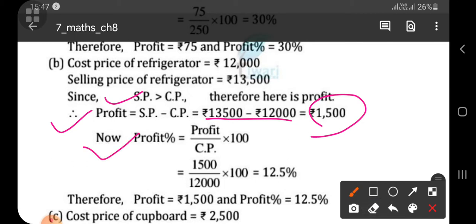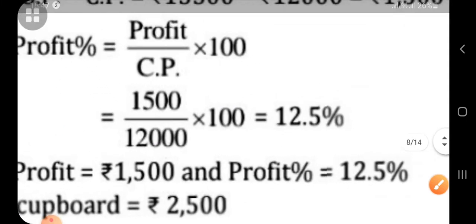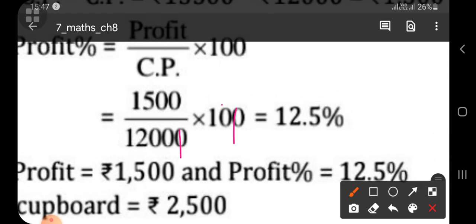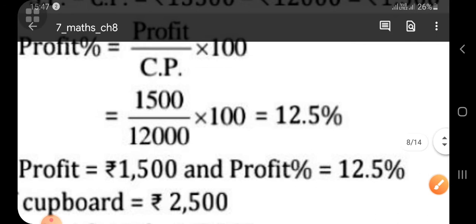Profit percentage: profit divided by cost price into 100. 1,500 divided by 12,000 into 100. Cut the zeros, 150 divided by 12. You will get 12.5%.